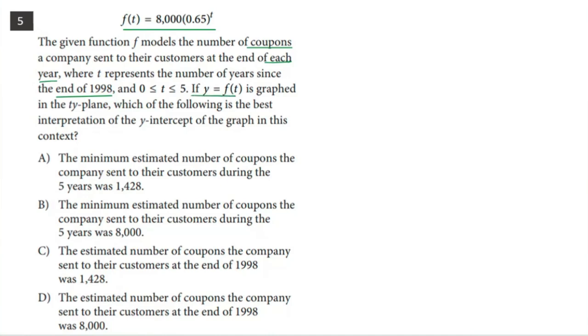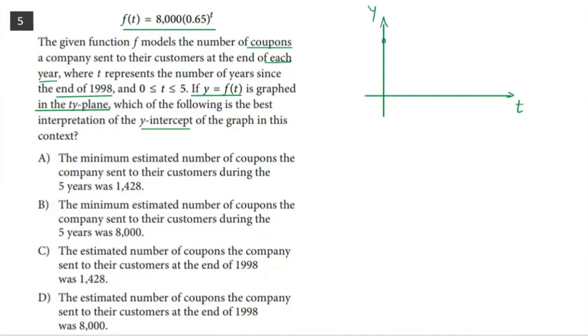If y equals f of t is graphed in the ty plane, which of the following is the best interpretation of the y-intercept of the graph in this context? So, I mean, you can check it with the graphing calculator as well, but I'm just going to sketch it anyway. So it's y against t.